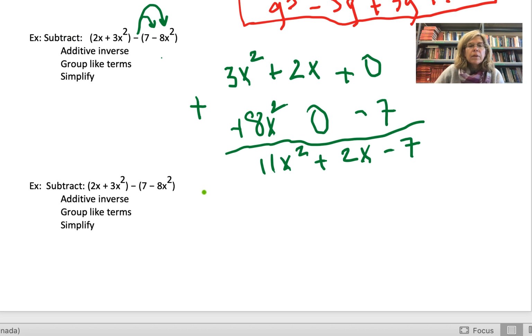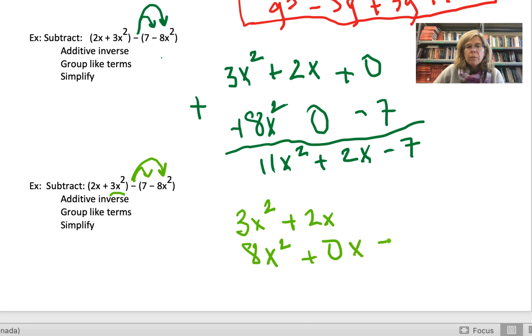And then we have, let's see, 2x plus 3x squared minus 7 minus 8x squared. Well, again, we're going to distribute the minus sign. And I'm going to put the 3x squared first because that's the highest power. 3x squared plus 2x. And then here we have plus 8x squared. And then minus 7. Okay, so that means that we don't have any x's. And we have a minus 7.